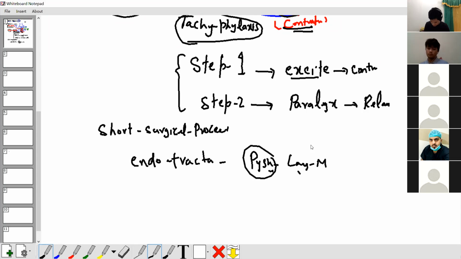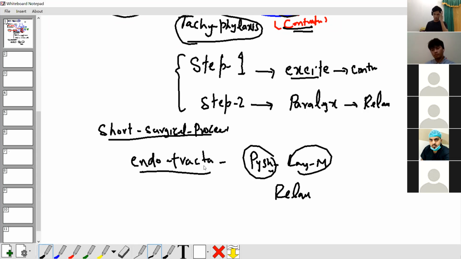These muscles must relax. Then it is very easy to put in an endotracheal tube, for short surgical procedures, not for longer duration. If you want intubation of the trachea and you give succinylcholine, the pharynx muscle relaxes, the larynx muscle relaxes, and you can very easily put in the endotracheal tube.